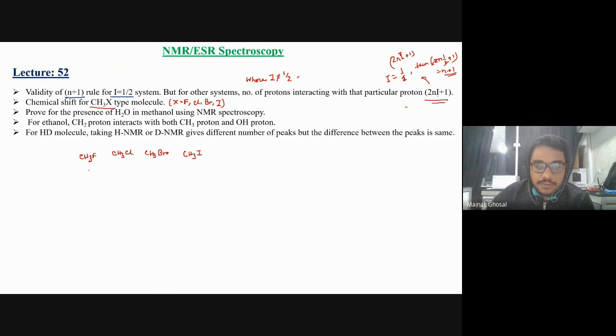Among them, fluorine is much more electronegative, so it will take much electron density from carbon. So carbon will be much more delta positive for the fluorine case.